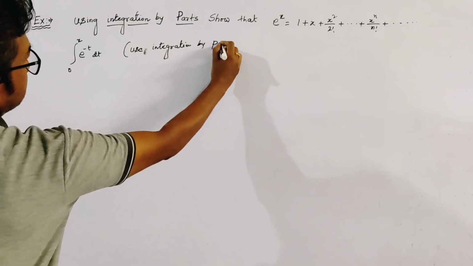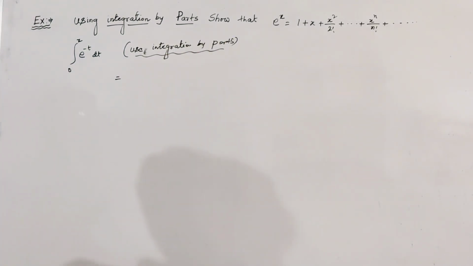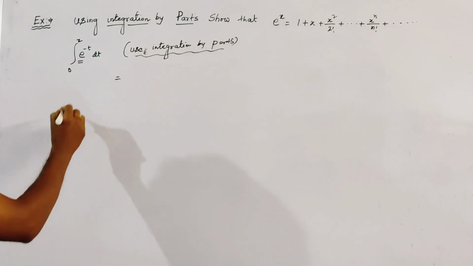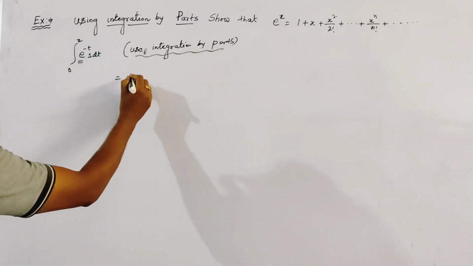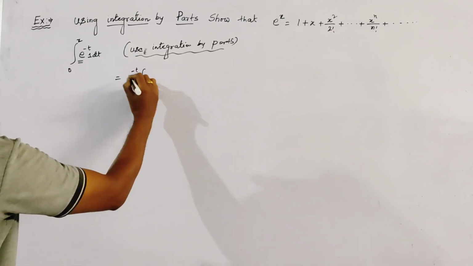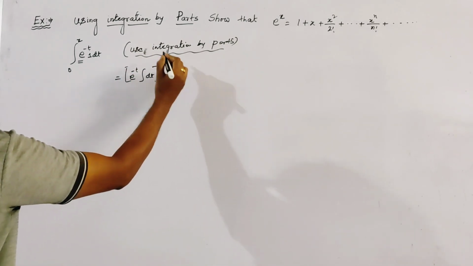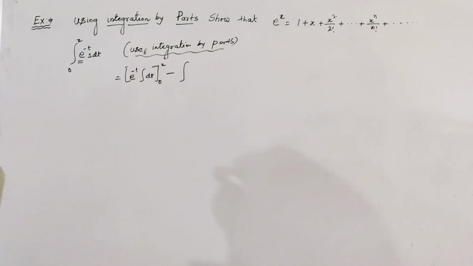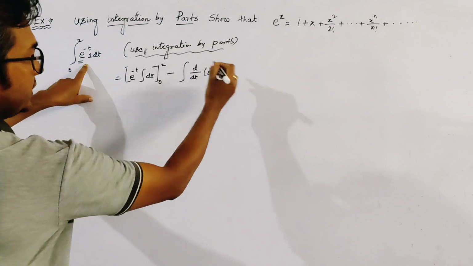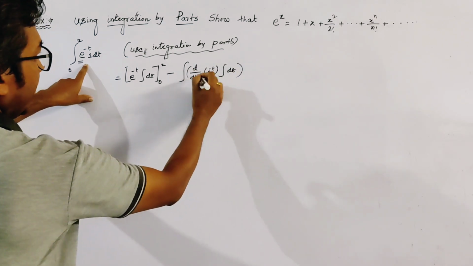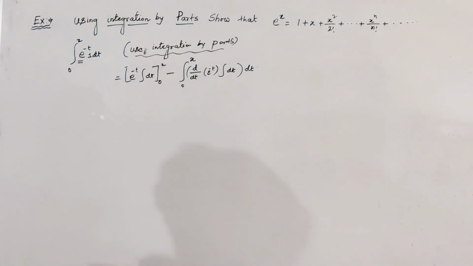So this integration can be integrated by parts as we take this as the first function and 1 as the second function, and the integration is e to the power minus t into integration dt, and the range is 0 to x, minus integration of the differentiation of e to the power minus t into integration dt, and the range is 0 to x, right?